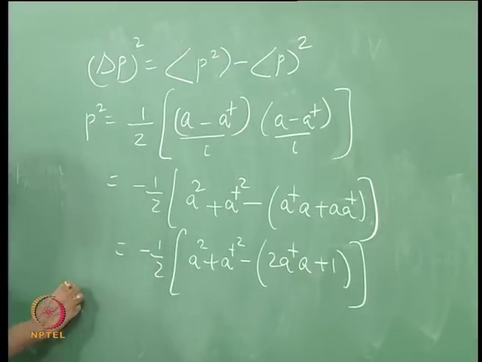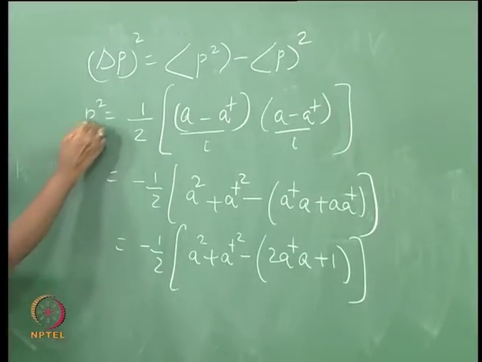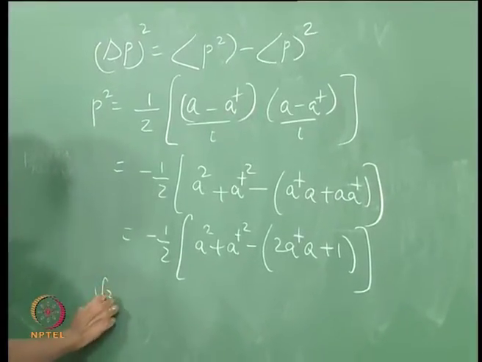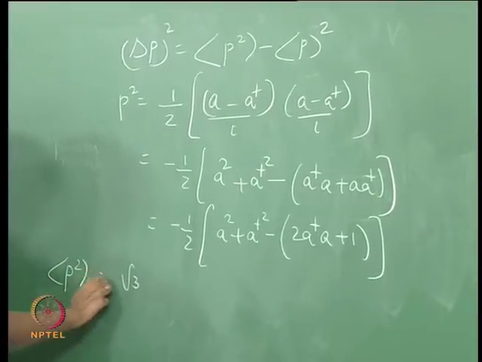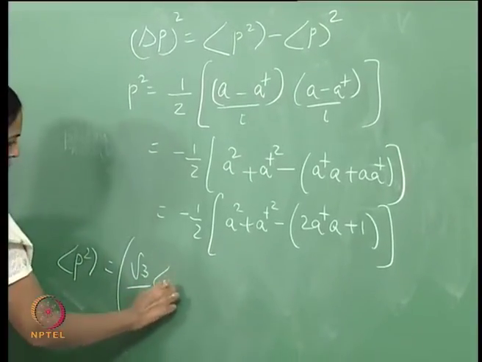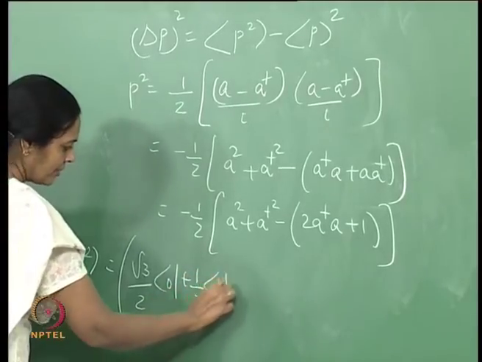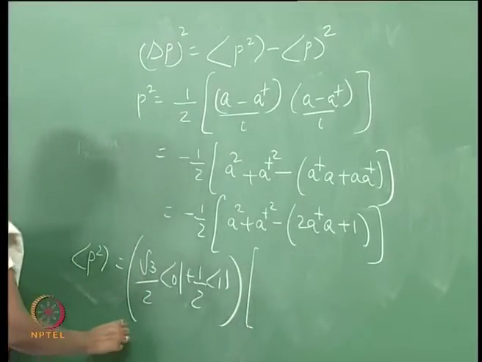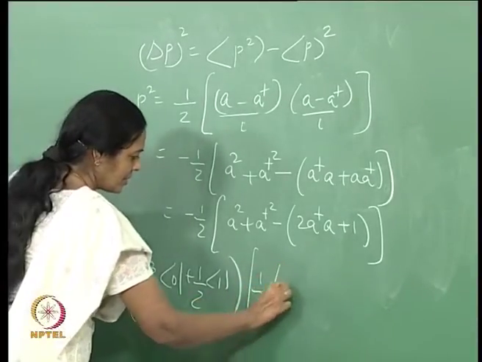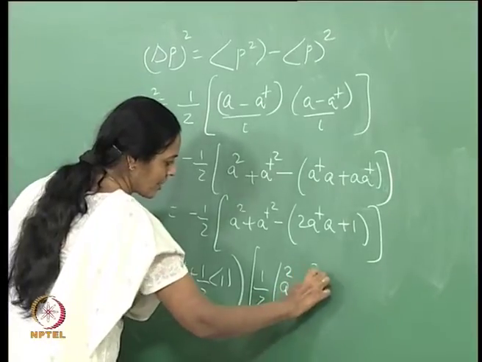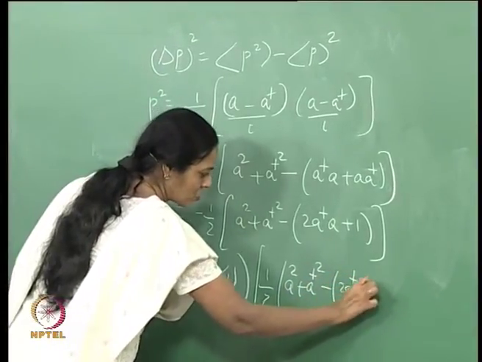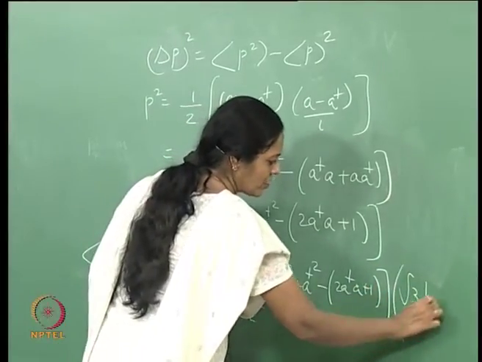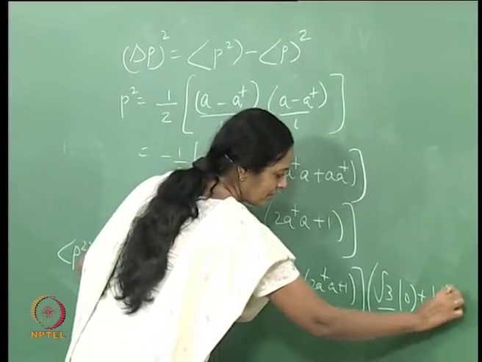It is clear that when I sandwich P squared between the state of relevance here, expectation P squared is simply going to be root 3 by 2 bra 0 plus half bra 1, times half A squared plus A dagger squared minus 2 A dagger A plus 1, and then there is a ket root 3 by 2 ket 0 plus half ket 1.